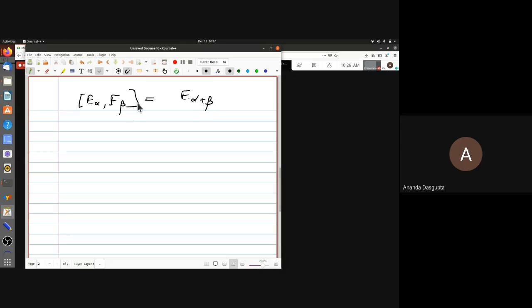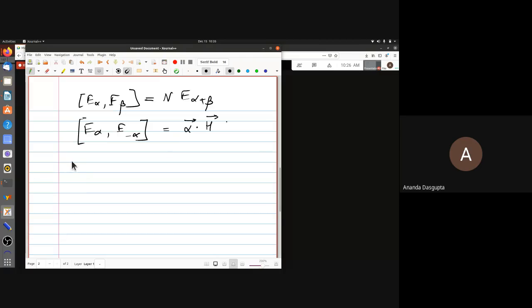Either it's going to be 0, or it's going to be some constant n into E alpha plus beta. In particular, the commutator of E alpha and E minus alpha will have a root of 0, which means it has to be a Cartan subalgebra element. So it has to be a linear combination of the Cartan generators, and we showed that it has to be specifically this.